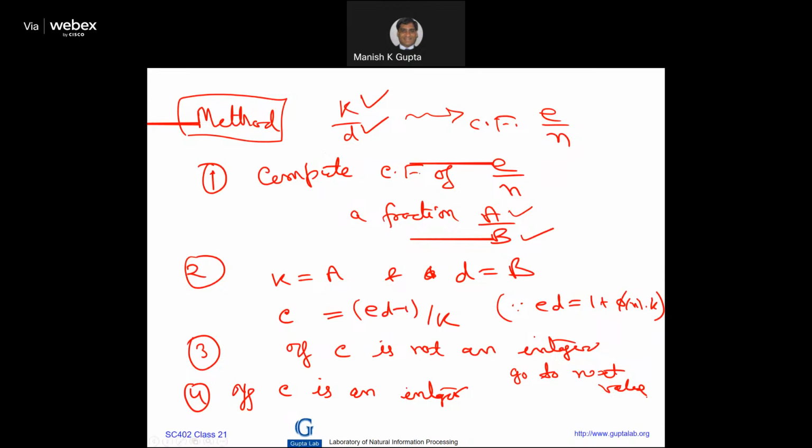If C is an integer, then you find the roots of the equation x square minus (n minus c plus 1) times x plus n, which is (x minus p) into (x minus q). This c is here, right? C is an integer, then you can find the roots. Okay.